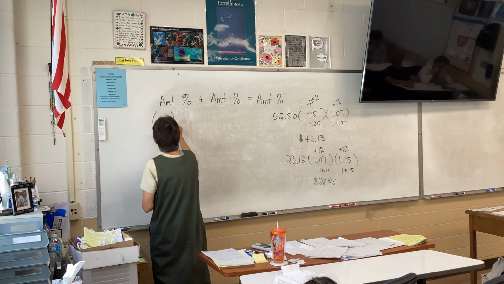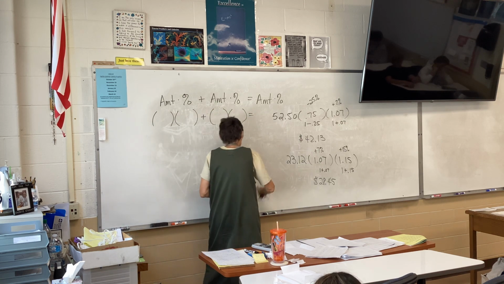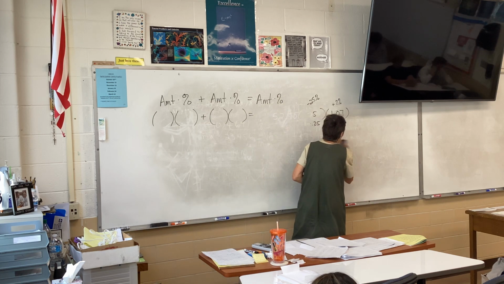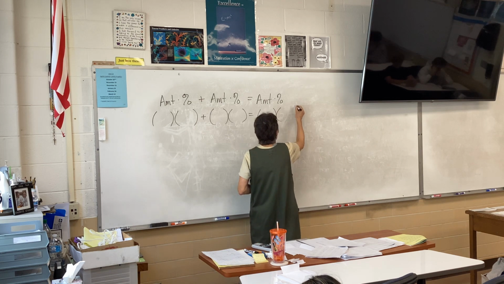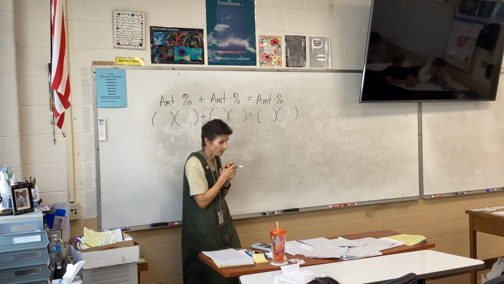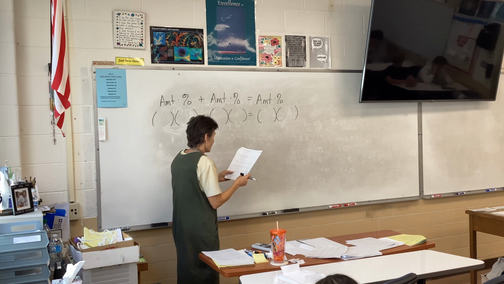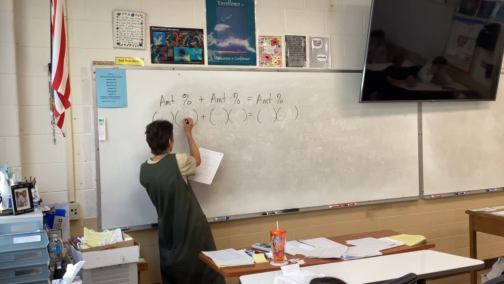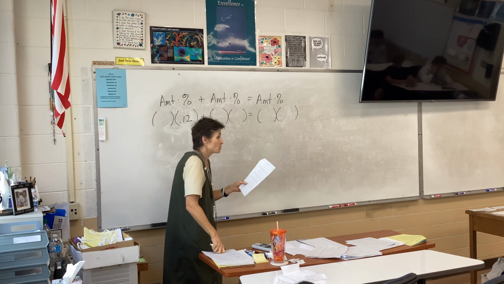There are 6 pieces to this equation. 3 amounts and 3 percentages. Let's fill in everything we know from the problem. So what do we know from the problem? We know the first percentage we're mixing is 12%. And remember, you never put 12%.